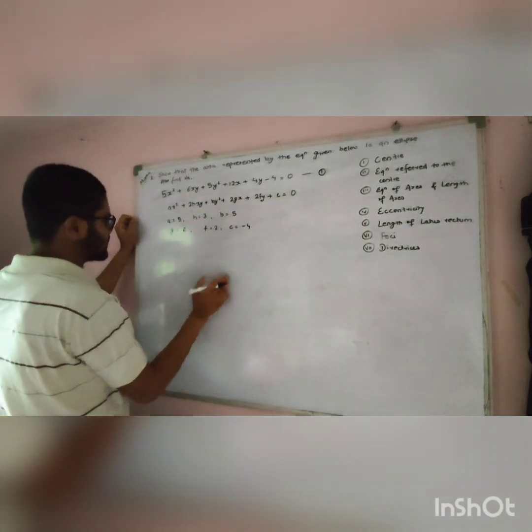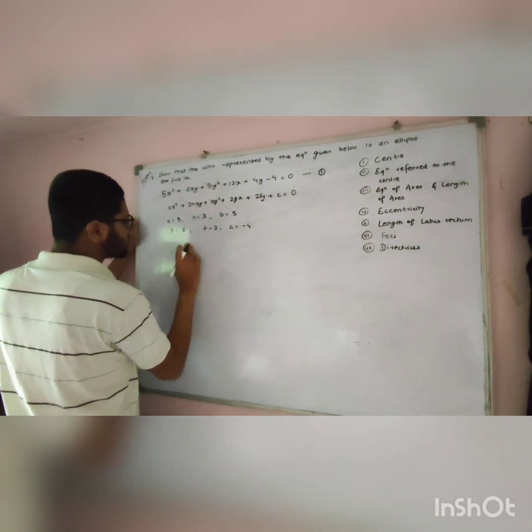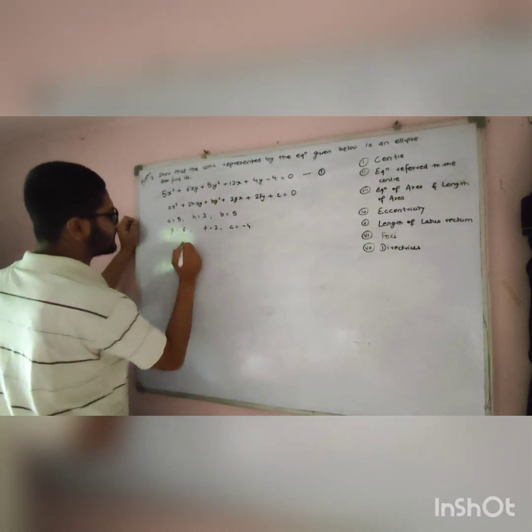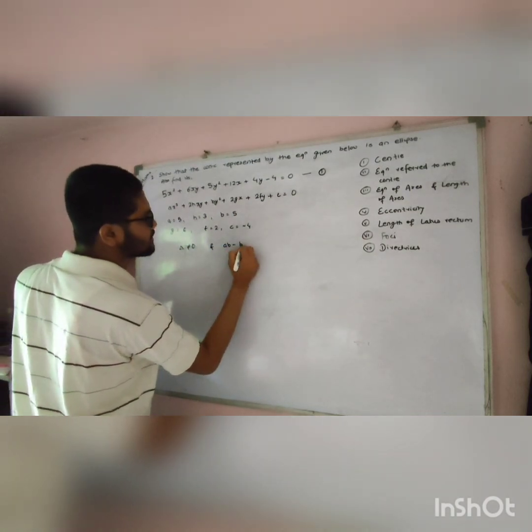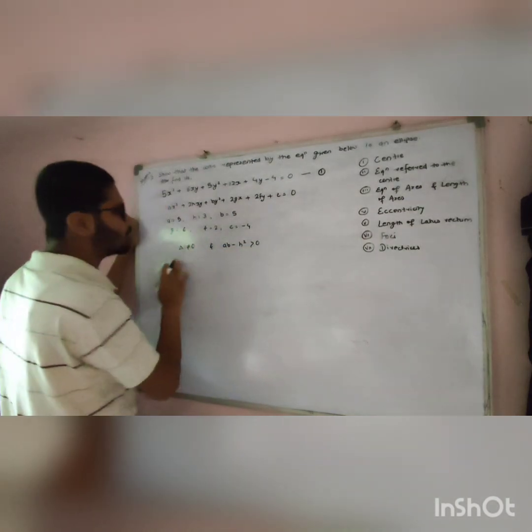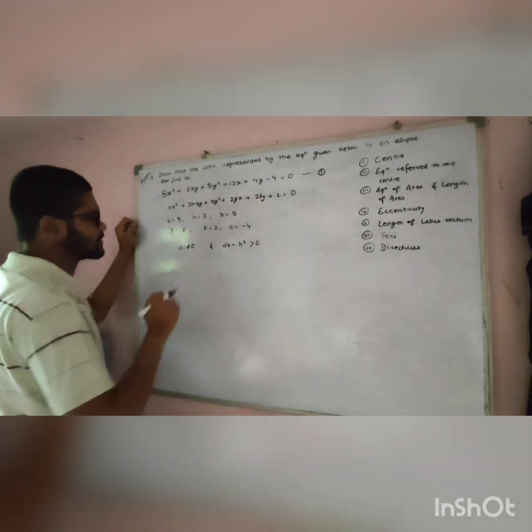So we have to find out whether this equation represents an ellipse. For that we have two conditions. The conditions are if its determinant is not equal to 0, and ab minus h square is greater than 0. If both conditions are fulfilled, then this equation will represent an ellipse.